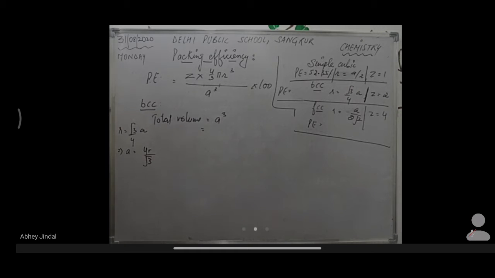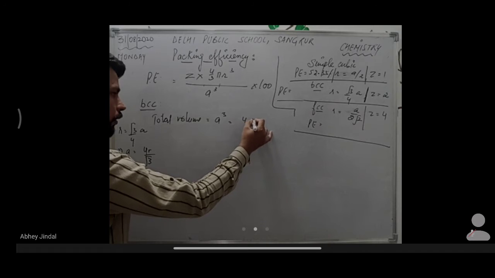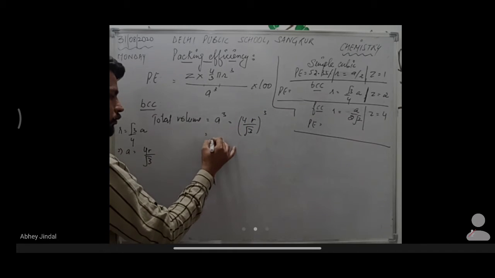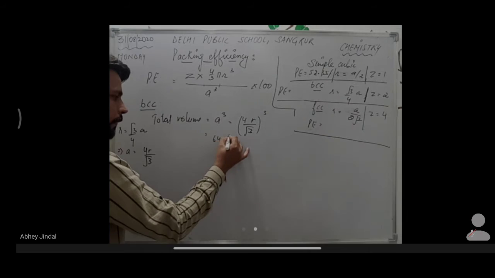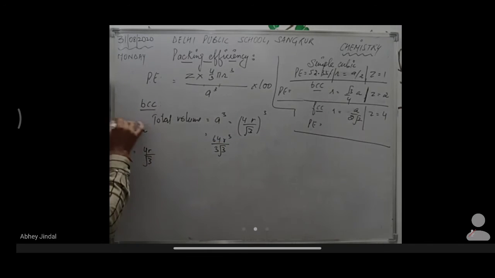Clear? So a cube becomes (4r by root 3) cube, that is equal to 64 r cube upon 3 root 3. This is the total volume that will be occupied by the BCC, body centered cubic unit cell.